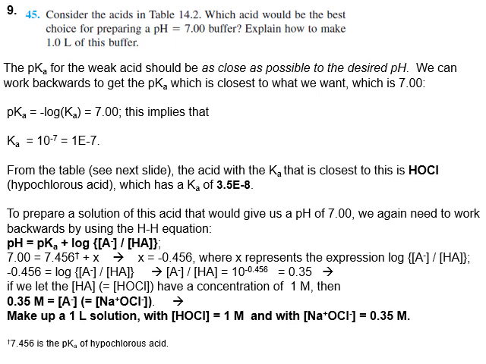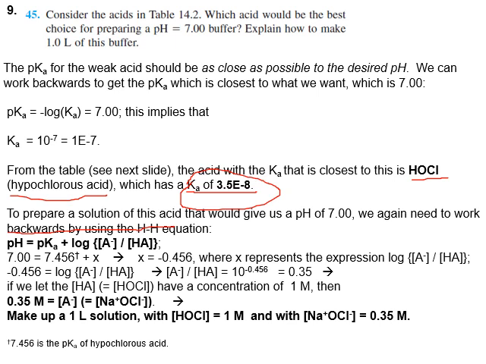Okay, so I'm coming down here towards the bottom. It's actually HOCl, hypochlorous acid, and that has a Ka of 3.5 times 10 to the minus 8th. So we're going to use this value right here for the pKa. So we want to use the HH equation. pH is pKa plus the log of the base over the acid.